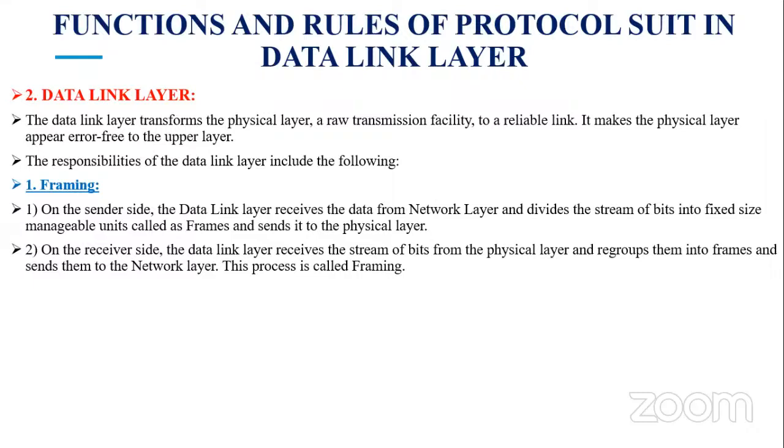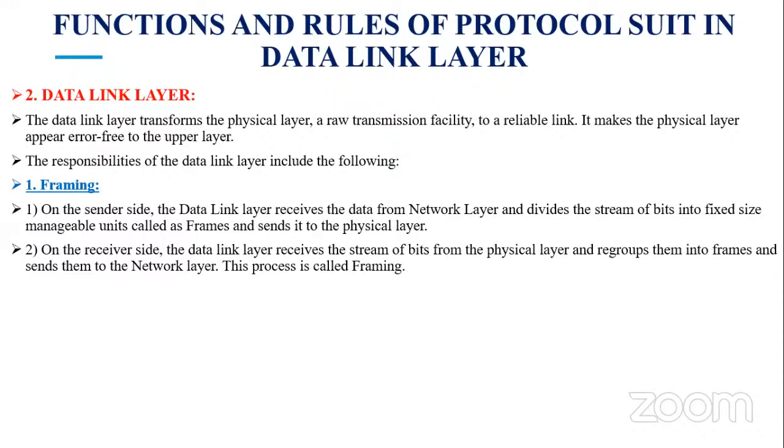On the receiver side, it will be there from the physical layer. It will be received by the device. From that device, the signals will be converted into bits. Those bits will be transferred to the data link layer from the physical layer. The data link layer will convert those bits into frames, and the frames will be transferred to the network layer.